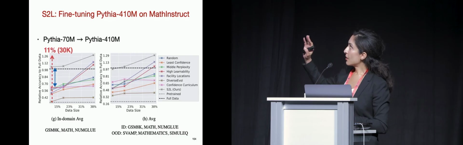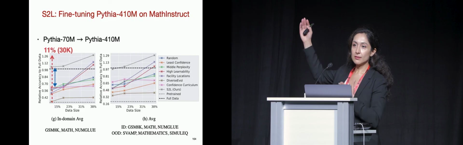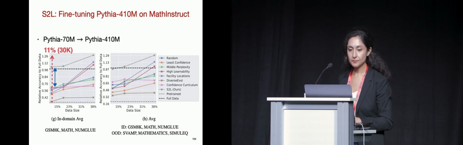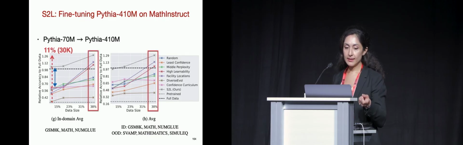So you see that our proxy model is Pythia 70 million. We are selecting data with that to train the larger Pythia 410 million. By only selecting 11% of the data, meaning 30K examples, we can already outperform fine-tuning on the full data.